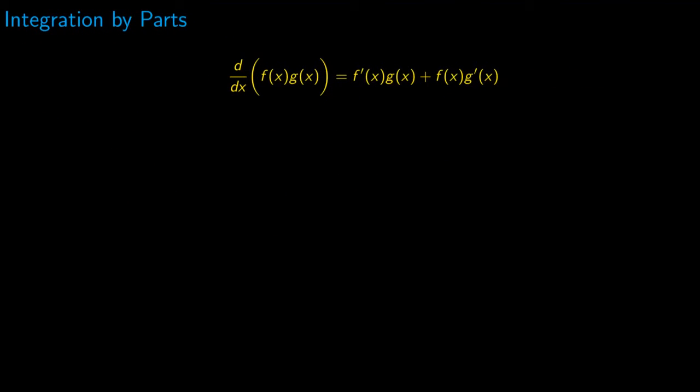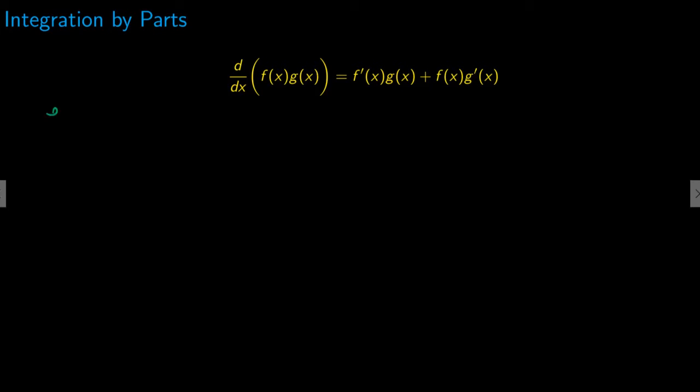And so one thing we want to do is try to invert this process. So we want to find a way of undoing the product rule, and that's going to be our integration by parts formula. So if I want to derive the integration by parts formula, I'm going to start with the product rule formula, and then I'm going to rearrange it a bit.